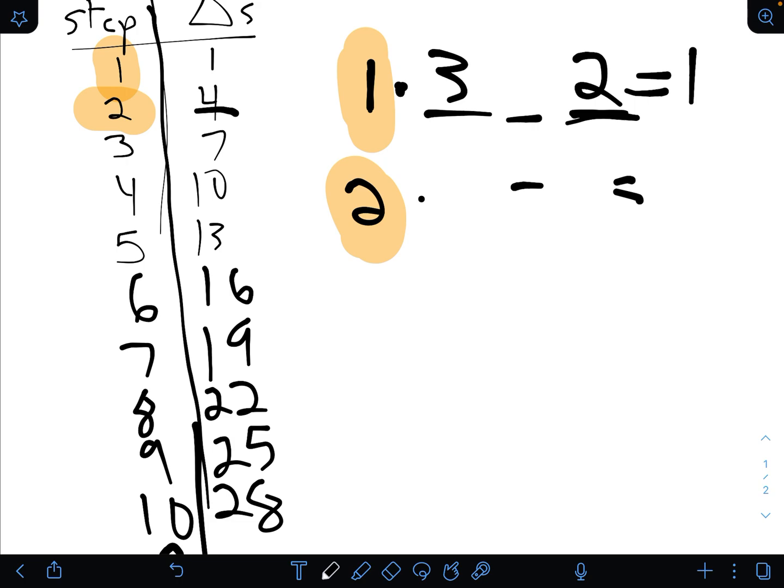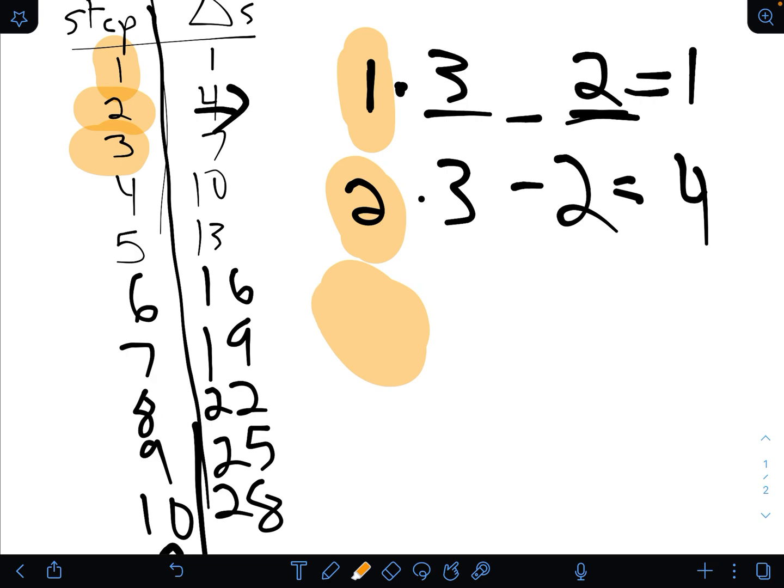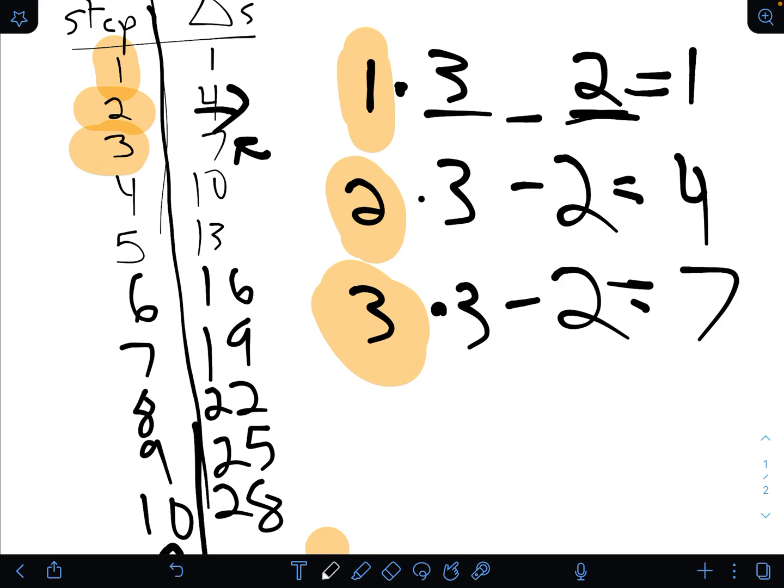So 2 for step 2, 2 times 3 is 6. Minus 2 gives you 4. Oh, we want 4. Okay, this is getting good. Let's try step 3. Step 3 is 3 times 3, which is 9, minus that 2, and that gives you 7. 7 is right. Yes, so this is my pattern.